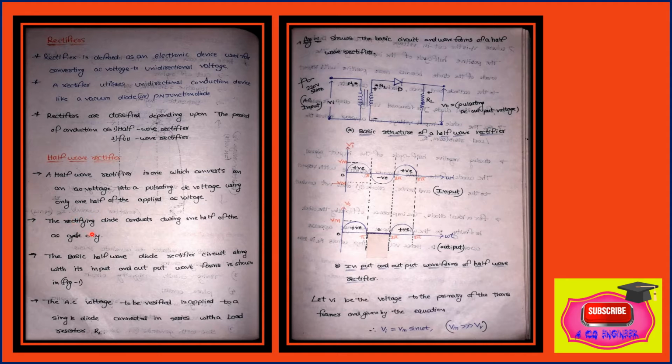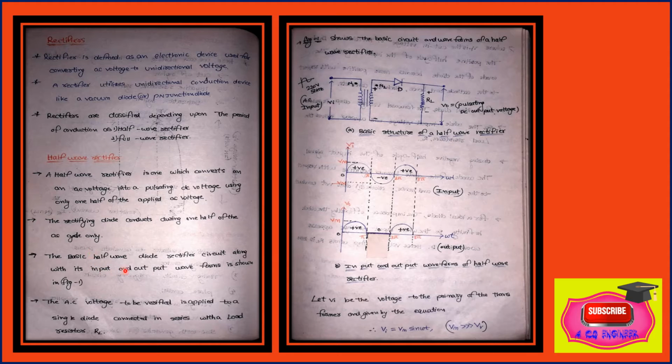The rectifier diode conducts during one half of the AC cycle only. Here we observe this is the positive half cycle and this is the negative half cycle. We have this output waveform. The positive half cycle gives the pulsating DC form in the output, and the negative half cycle cannot form a voltage in the output waveform.